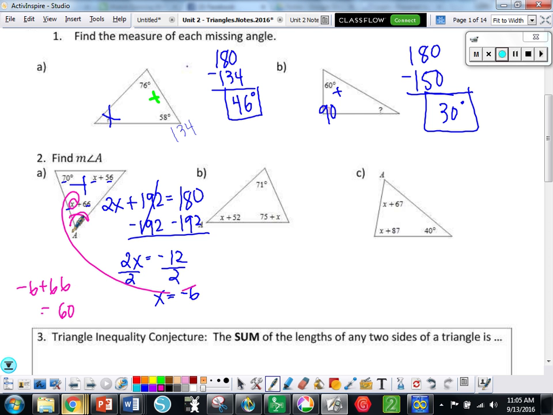Now, just because this one's 60, does that mean they all are? No. Does this one? Cool.